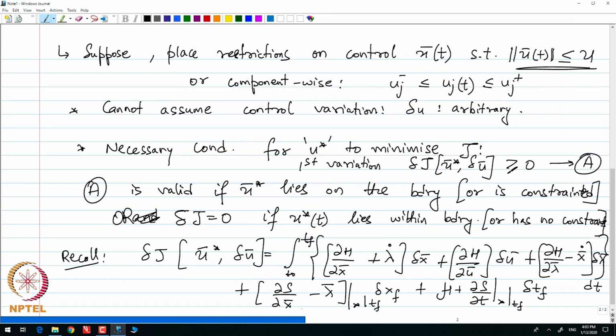So, the last two expressions are my natural boundary conditions. Okay. So, recall that when we were setting the first variation equal to 0, we had 1, 2, 3 and 4 conditions set equal to 0. So, now we are again going to set all but one condition equal to 0, that is this quantity which I am circling. Okay. Why?